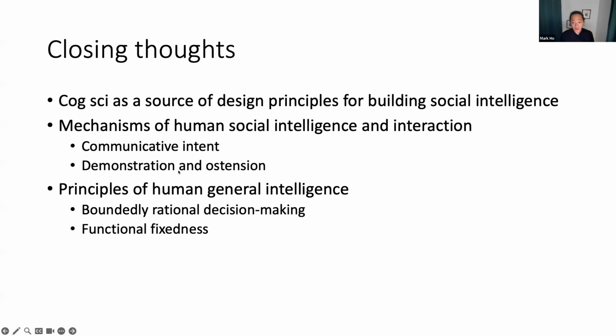I talked about a couple of projects trying to make some of these connections, thinking about communicative intent, and importantly, also thinking about how some of the idiosyncrasies of human planning and human general intelligence should figure into how we think about designing and understanding social intelligence and interaction, because so much of human social intelligence depends on the particular ways in which we plan and understand the planning of other humans.